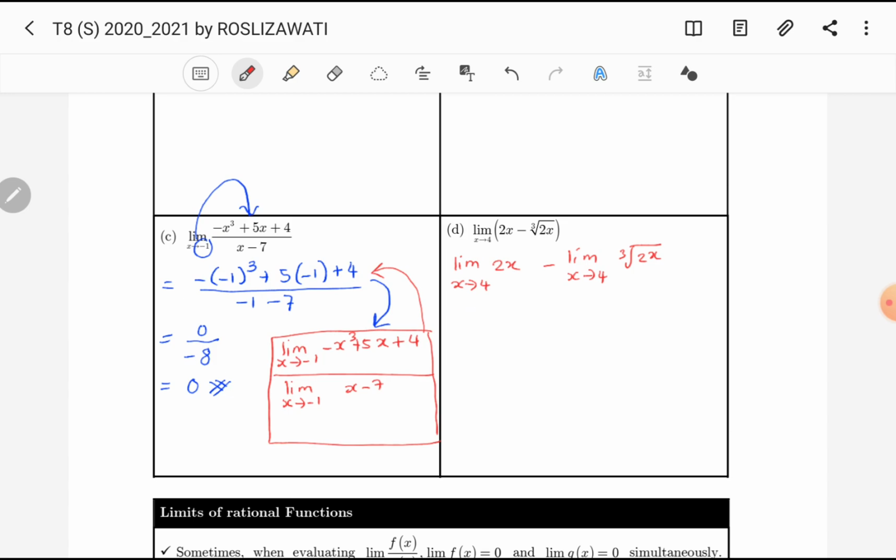Dan saya biasanya saya tak asing pun. Saya memang terus ganti je. Nah? Okay. So is 2 times 4 minus cube root of 2 times 4 equal to 8 minus cube root 8 is 2. The answer is 6.